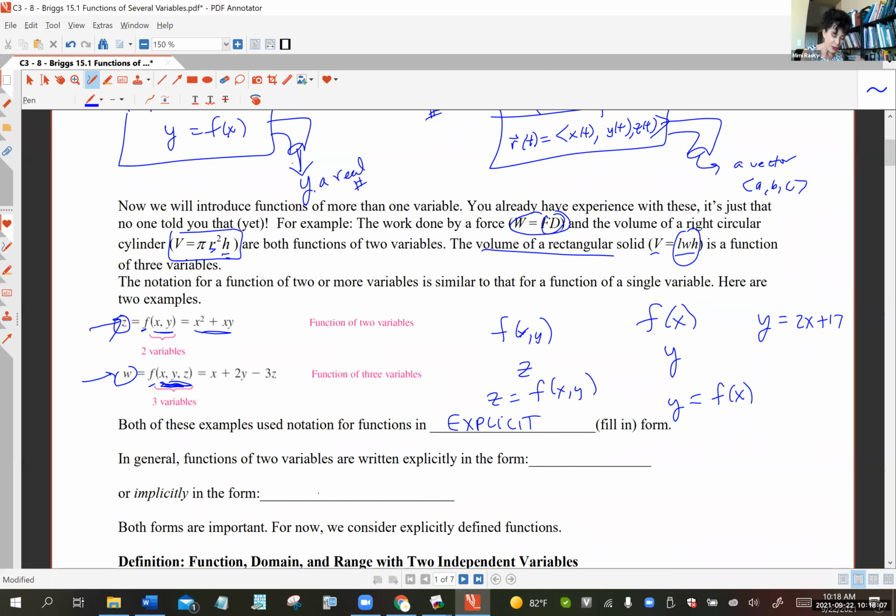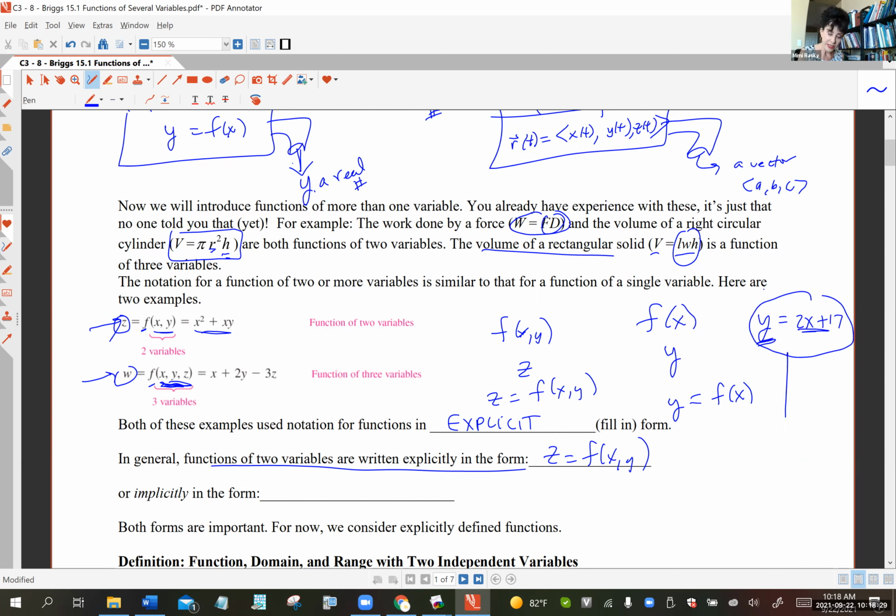So when you have a function of two variables and it's written explicitly, you have z is equal to f of x, y. So you have z equal to stuff that has x's and y's in it. In your calculus 1, explicit form meant you're able to isolate y on one side of the equation and x and any numbers that you need on the right.